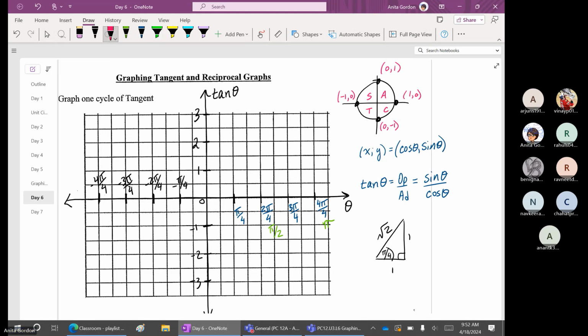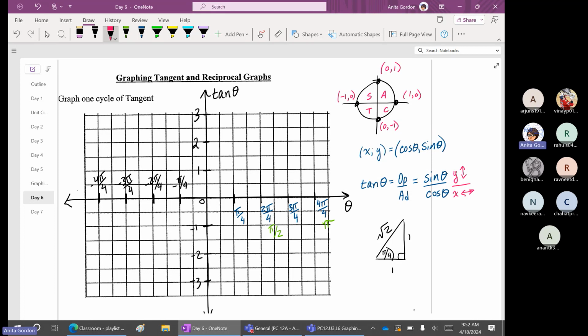Sine represents my y value, the height or the rise, and cosine represents the x value, which is the horizontal. The tangent is the slope of these things as we go around.